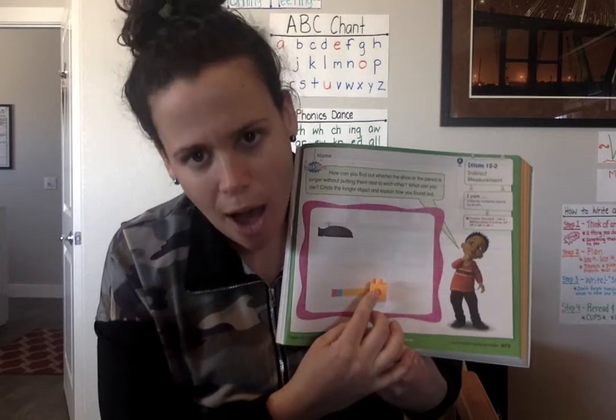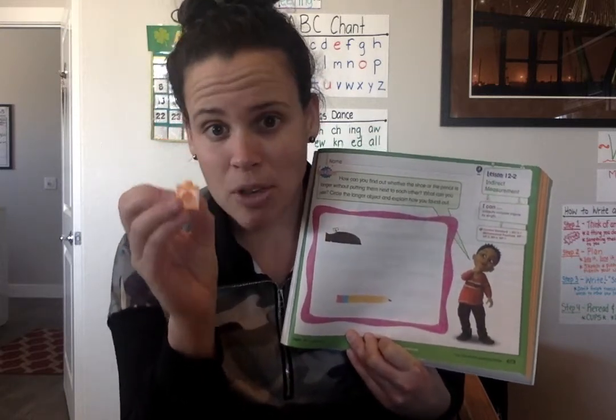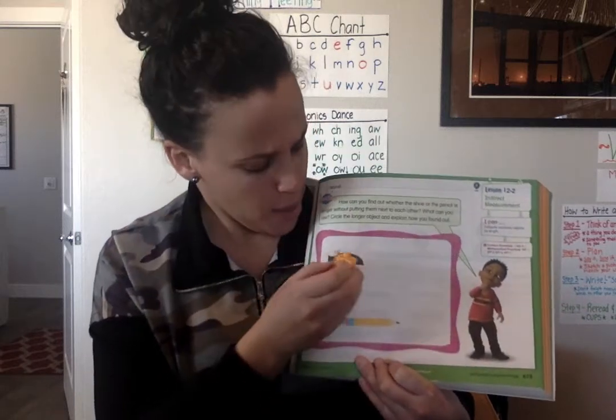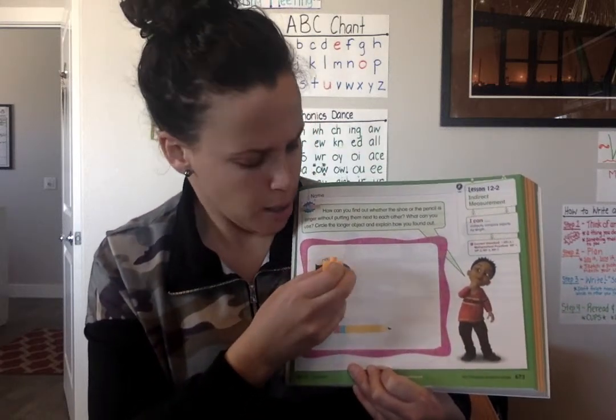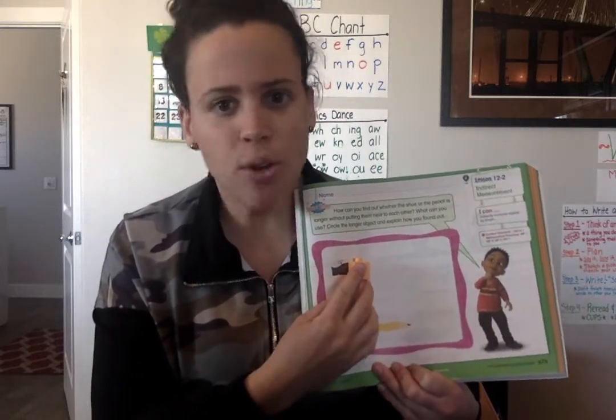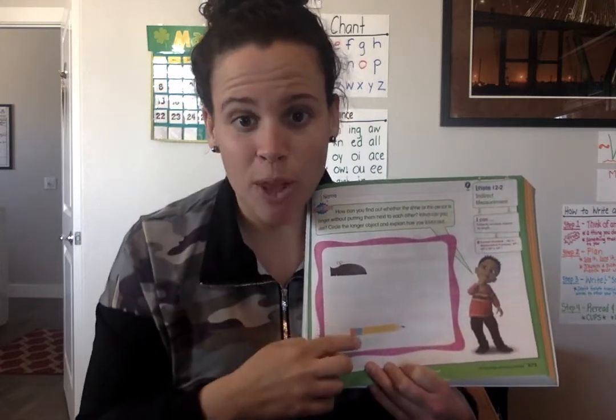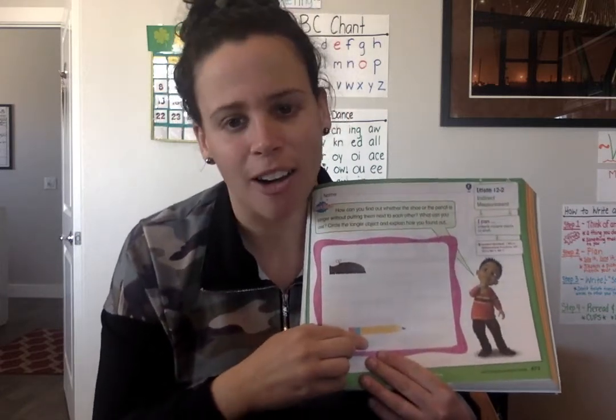The pencil is about 3 cubes long. This is my measuring tool that I'm using. And the shoe is only 2 cubes long. 3 cubes, 2 cubes. I used more cubes for the pencil, therefore the pencil is longer.